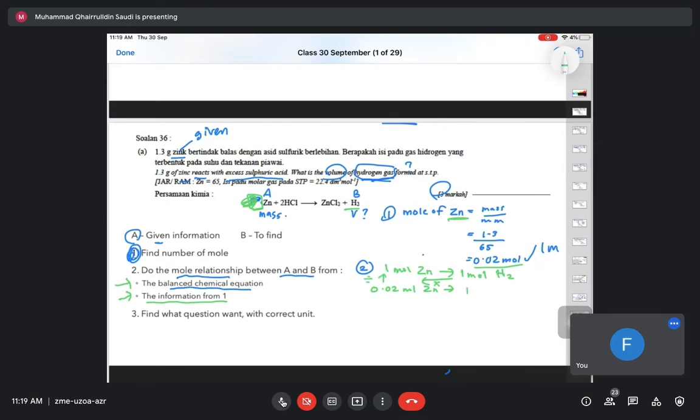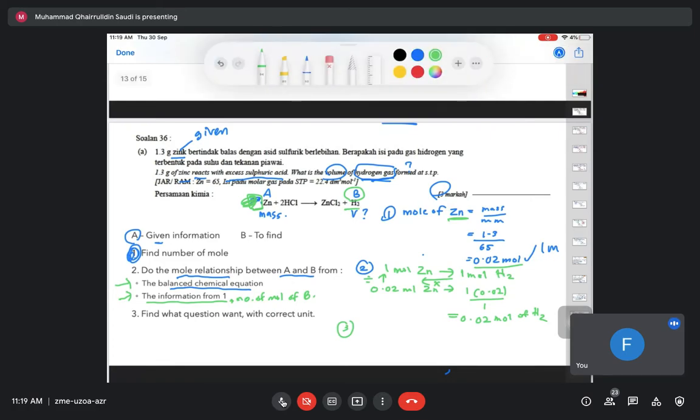So 1 times 0.02 divided by 1 equals 0.02 mole of hydrogen gas. That is why I said earlier that from number 2 we get the number of mole of B. Now we have the number of mole of B.